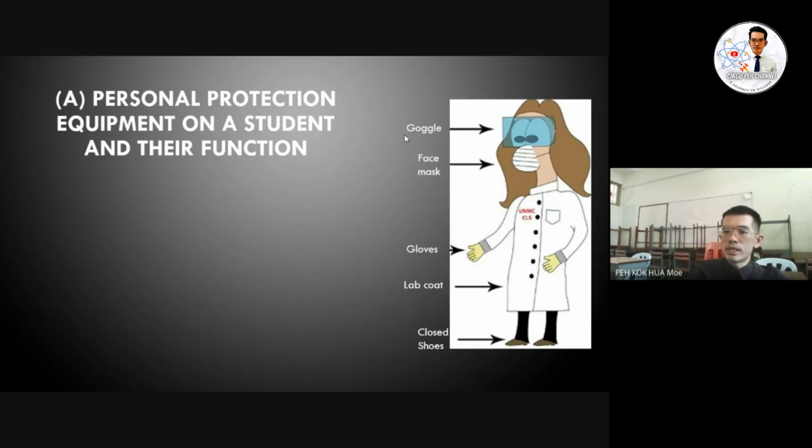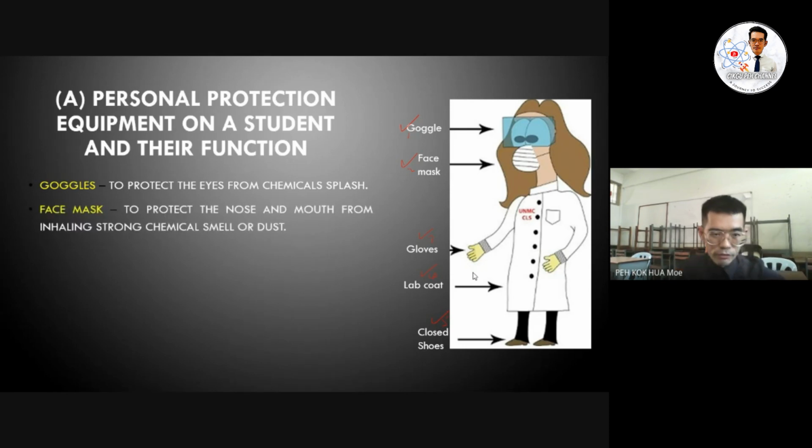You can look at the figure. We have a total of 5 protective equipment for the student. The first is goggles, second is face mask, third is gloves, fourth is lab coat, fifth is closed shoes. The goggles are used to protect the eyes from chemical splash, and the face mask protects the nose and the mouth from inhaling strong chemical smell and dust.